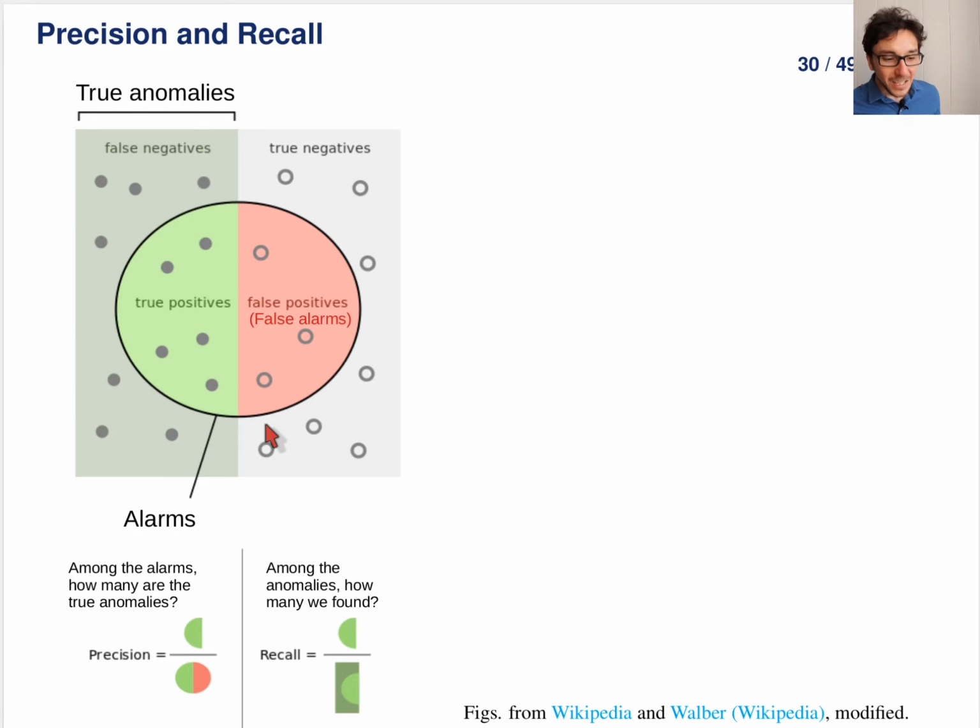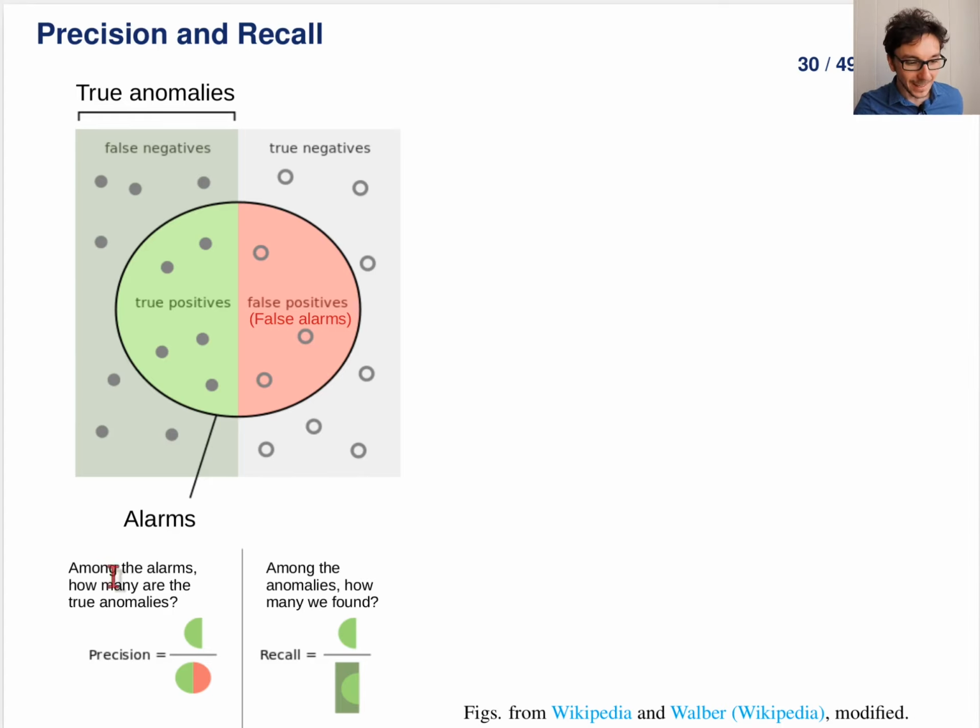So as you can guess, we would like to have high recall and high precision, because we would like a detector that is able to find as many anomalies as possible, and a detector that is precise, meaning that if it says this is an anomaly, we want that point to be an actual anomaly.